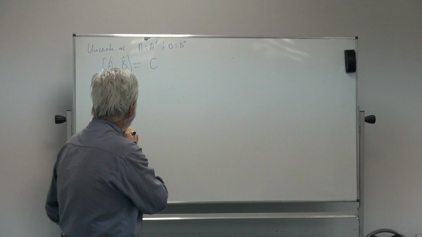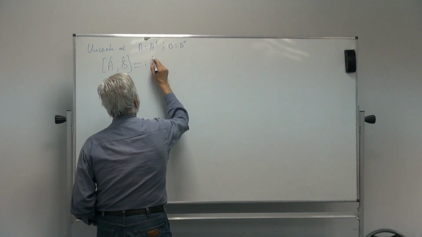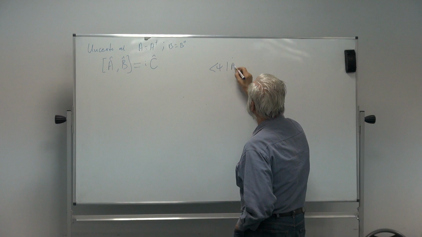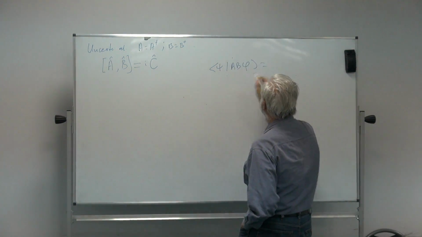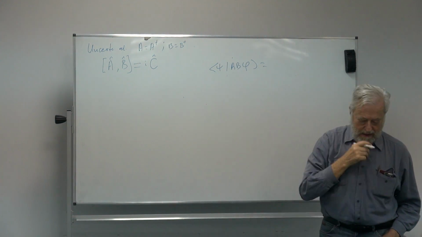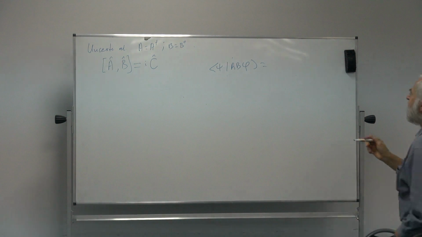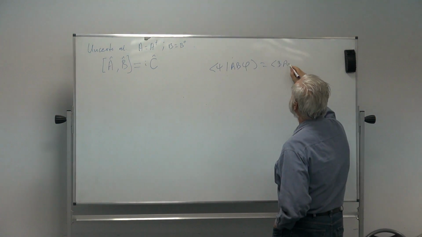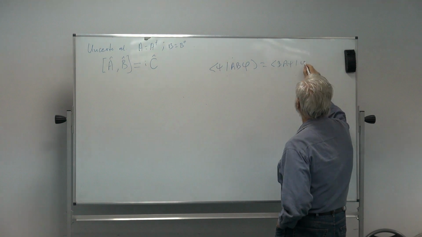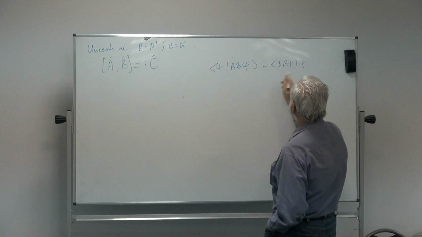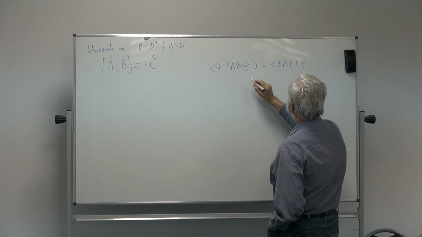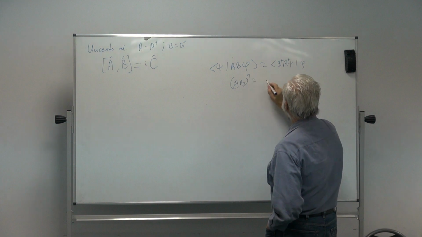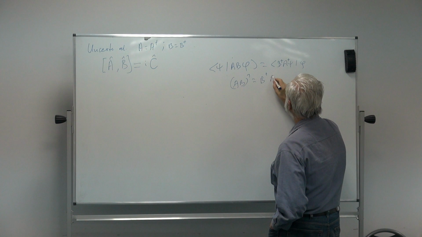And I left room here for i. Why? Well, if I take the scalar product of psi with AB phi, and then try to move A and B to the left, then of course I first have to move A and later B. It means that the Hermitian conjugate of AB is equal to B dagger A dagger.